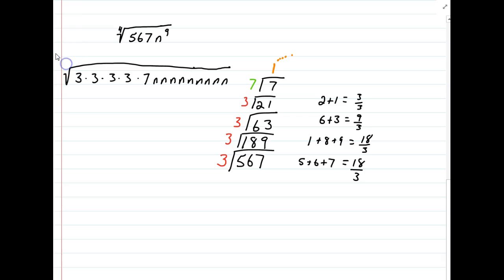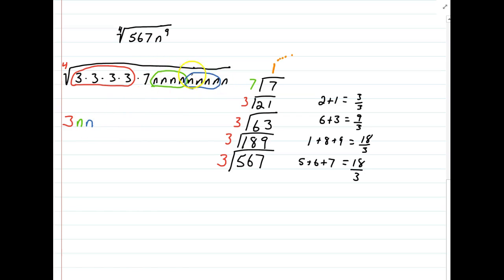Let's put this in a different color. Alright, so now I want groups of 4. Every time I circle a group of 4, I'm going to write it on the outside. So I get to write a 3. And I'll use different colors for each one. A group of 4 goes on the outside. A group of 4 goes on the outside.